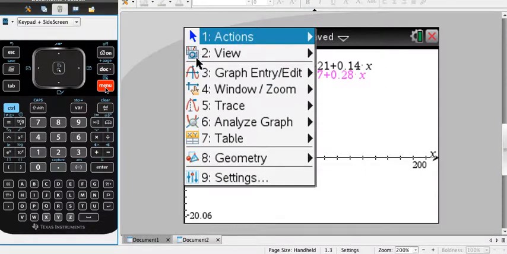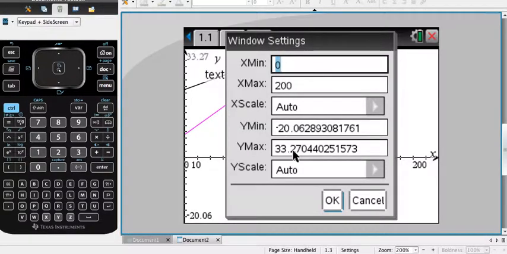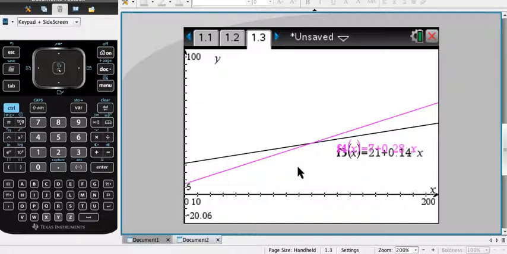I'm just going to increase it a lot just so I make sure I can see it. So the window settings, the Y maximum, I need to increase that so I can see. I'm going to bring it up to 100. And there we go. That's a lot better. So I can see between 0 and 200, there are my two graphs of the two packages that I'm looking at, and we can see the point of intersection is in there.